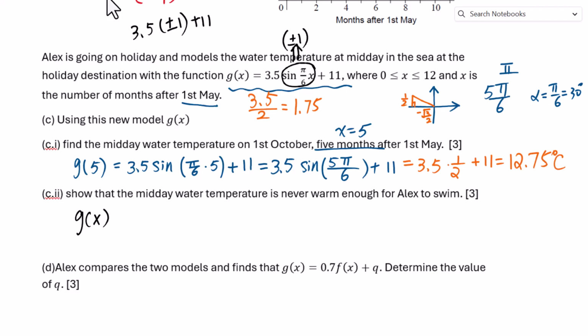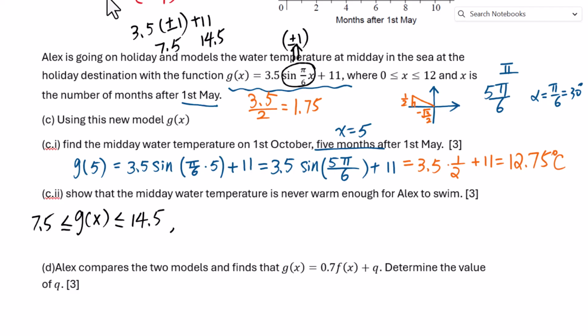For positive 1, we got 14.5. For the minimum value, we got 11 − 3.5 = 7.5. So g(x) is greater than or equal to 7.5 and less than or equal to 14.5.